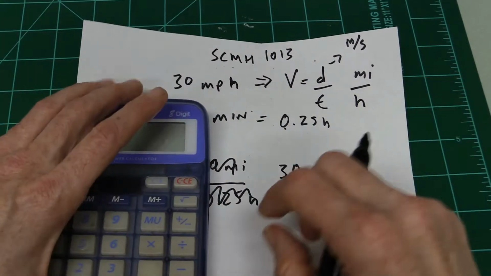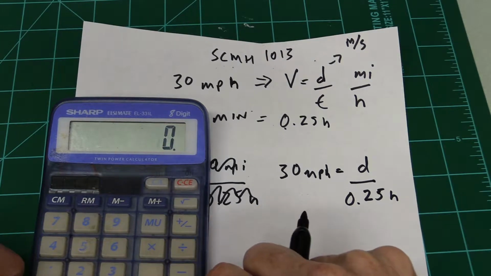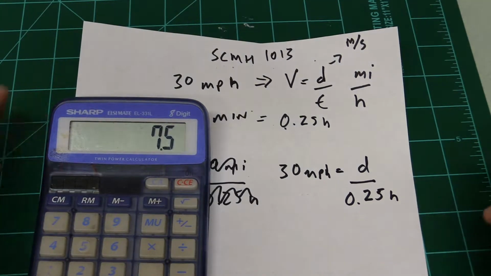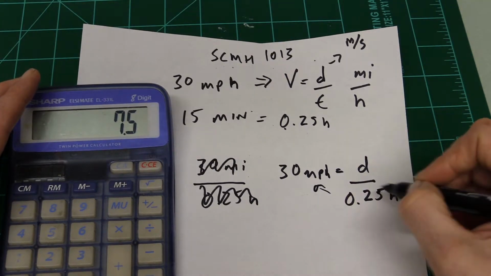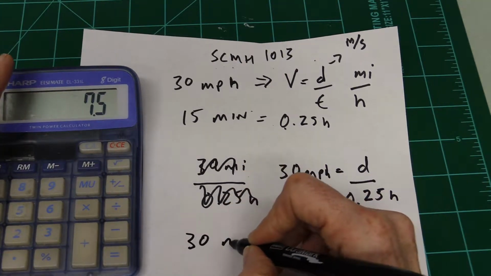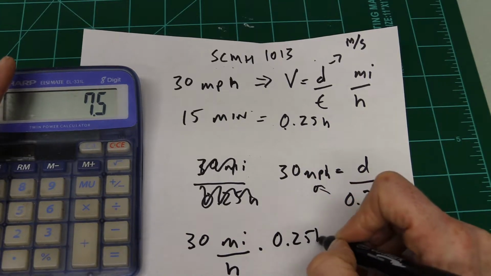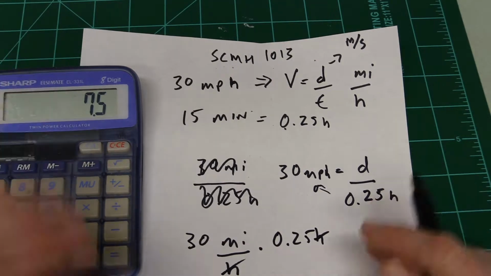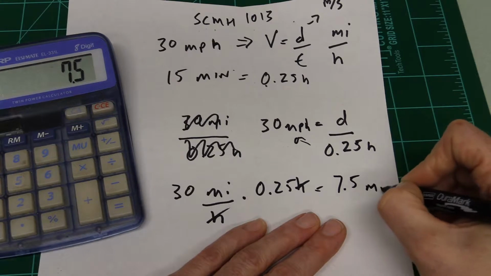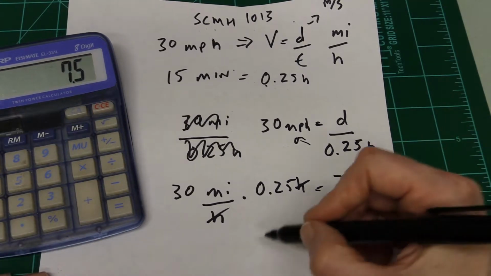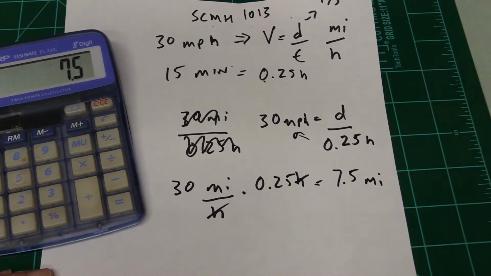On a calculator, 30 miles per hour times 0.25 hours, the hours cancel, and we get 7.5 miles. So that's how you do velocity. Velocity is distance over time.